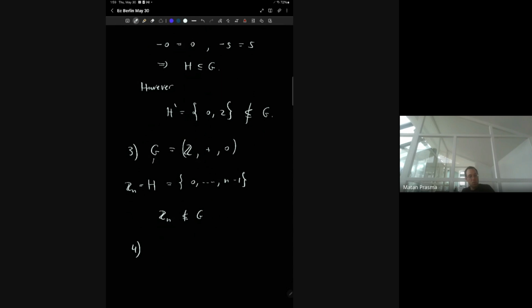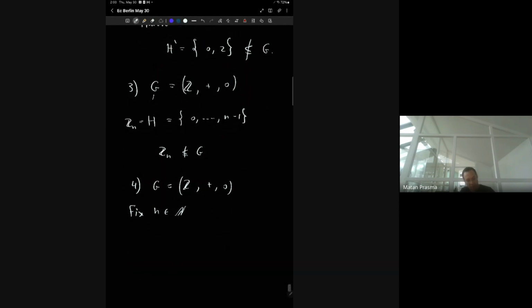Now, on the other hand, if I take G to be the integers, I take a natural number n, so fix a natural number n, and consider H to be, this is denoted as nZ.